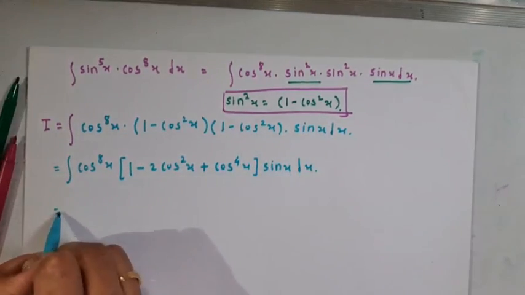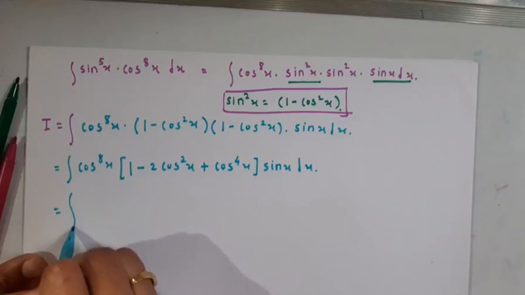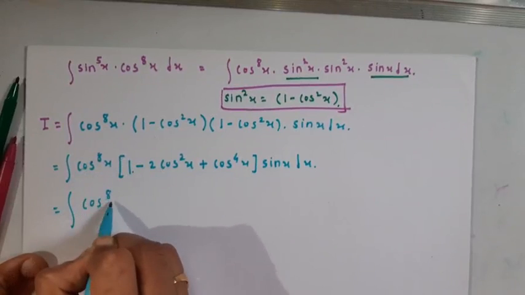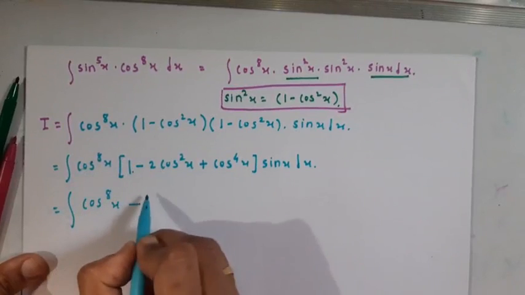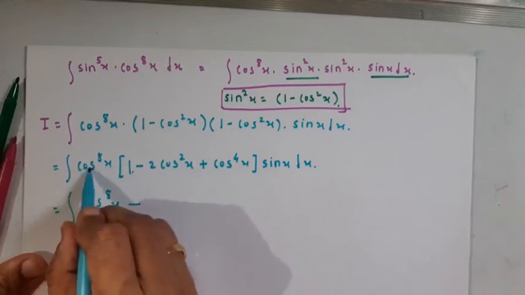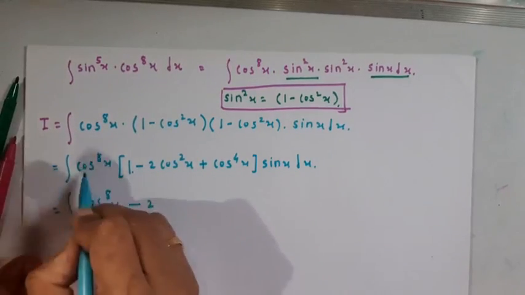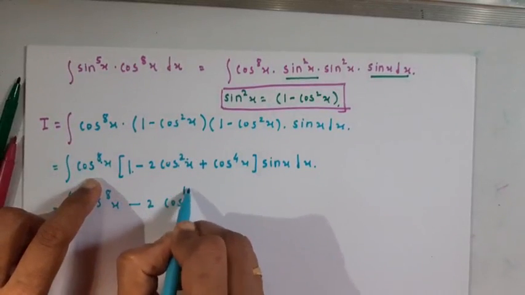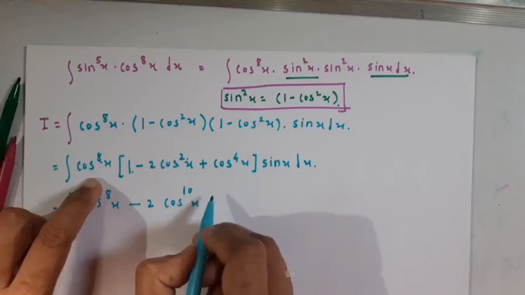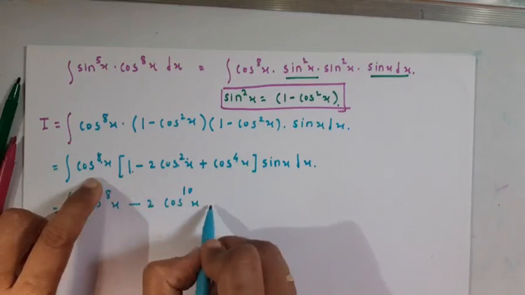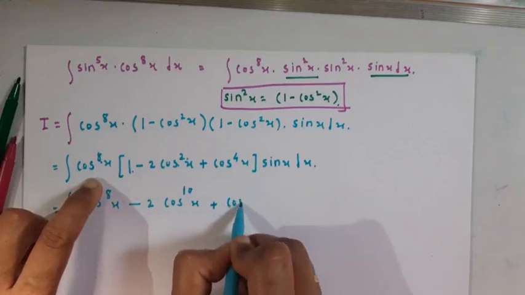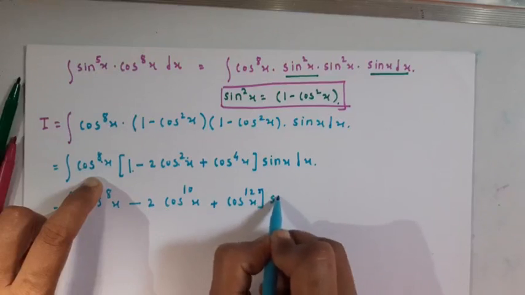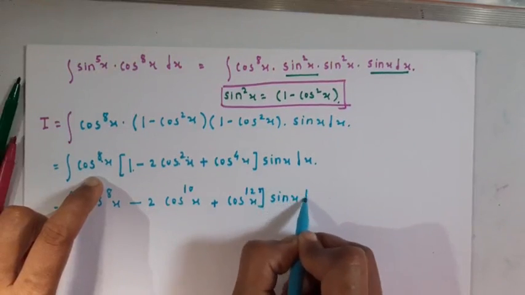Again simplify the bracket, we will get cos raised to 8x into 1 is cos raised to 8x, minus 2 cos raised to 8 into cos raised to 2 is cos raised to 10x, and plus cos raised to 12x and sin x dx.